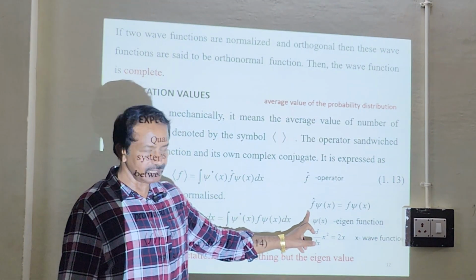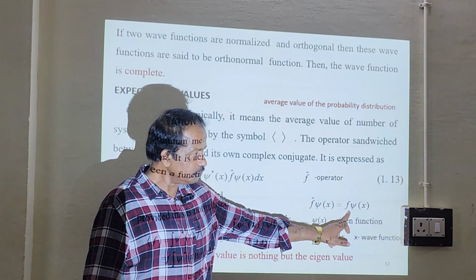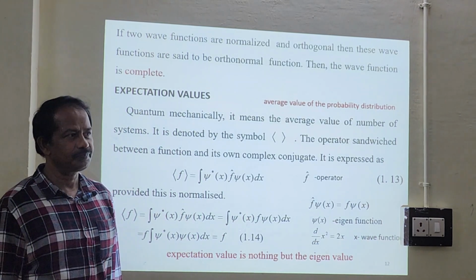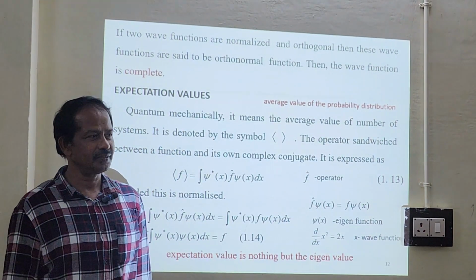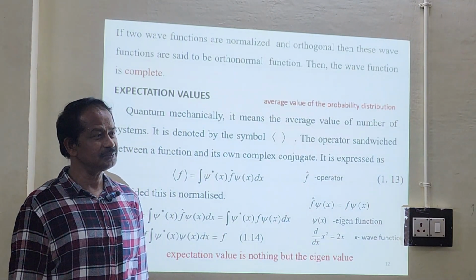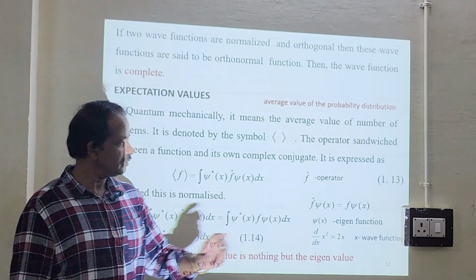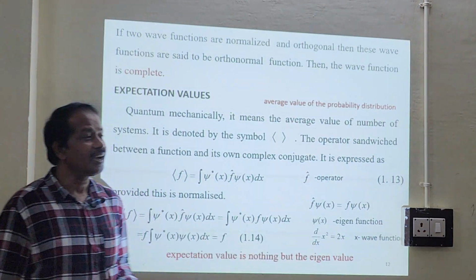So you have an operator operating on the wave function, giving you an eigenvalue with the wave function. Suppose both the wave functions are the same. For example, d by dx of e power x. The answer will be e power x. What is the eigenvalue? 1, so 1 into e power x. So the eigenvalue is 1. Correct? If both the wave functions are the same, we say this is an eigenfunction.